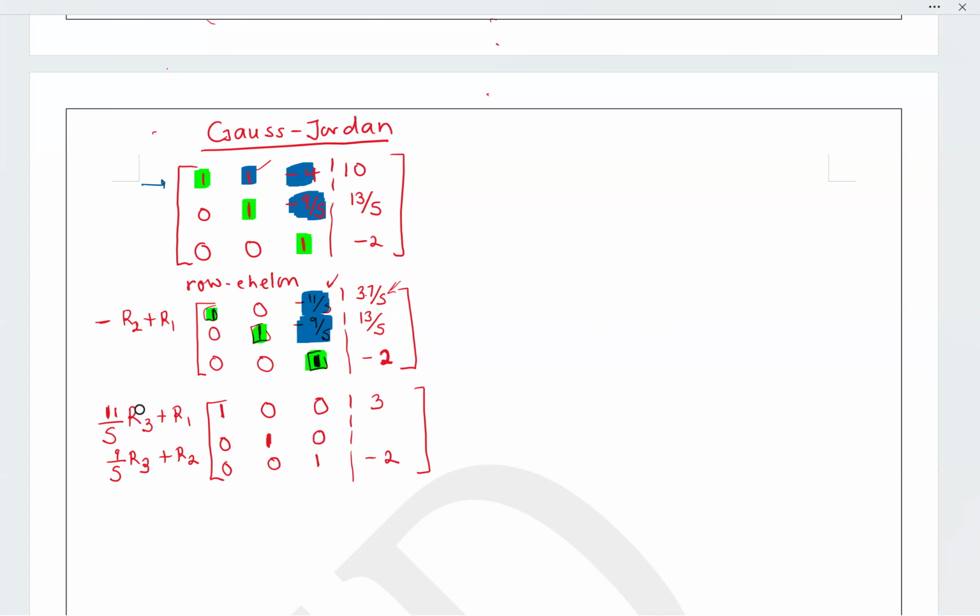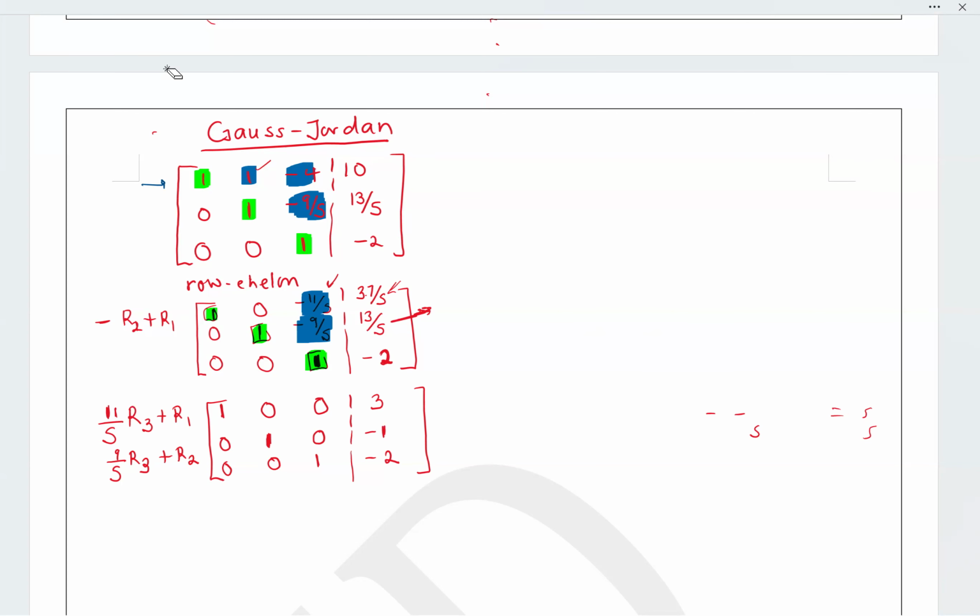This is 0. Then 9 over 5 times R3. What is R3? R3 again is minus 2. So this will give us minus 18 over 5. Then you need to add it with this one, because this is the R2 here. So you have minus 13 over 5. And this is nothing but minus 5 over 5. So this is minus 1.